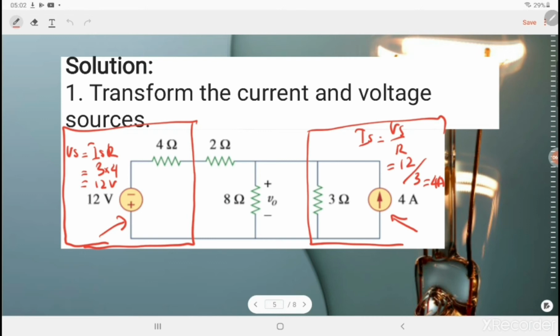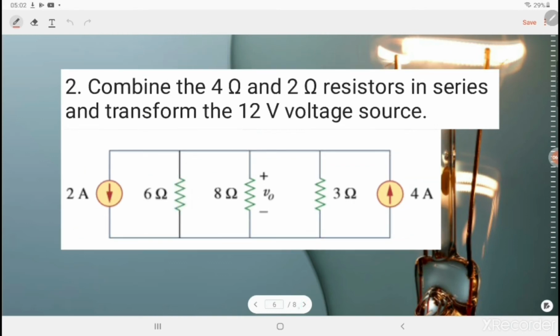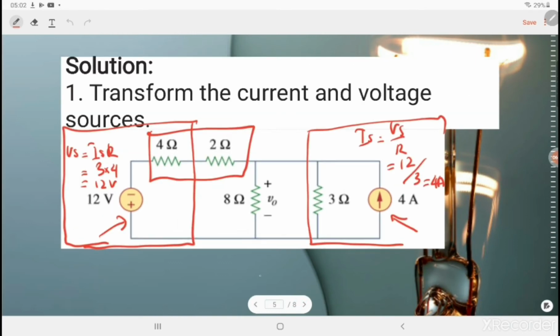Here we can simplify the circuit by combining the 4 ohm resistor with 2 ohms. Therefore, the resistor value becomes 6 ohms, and this 6 ohms is in series with the 12 volt voltage source.